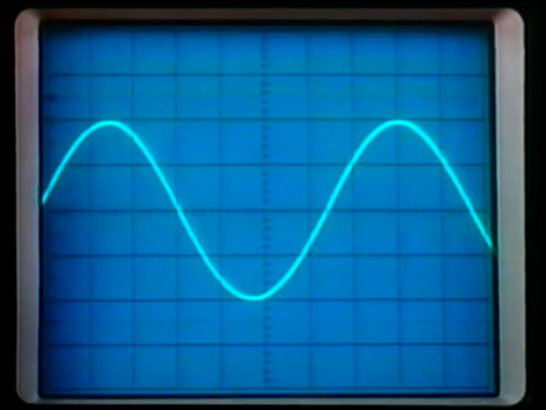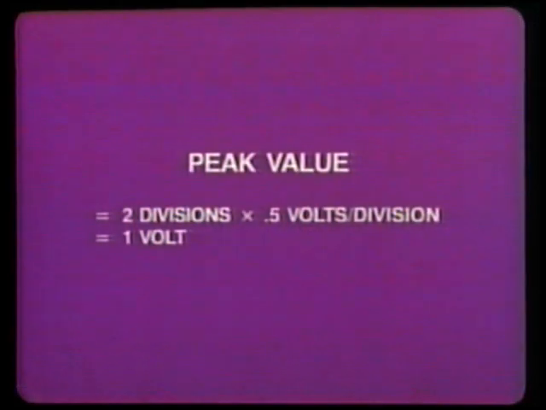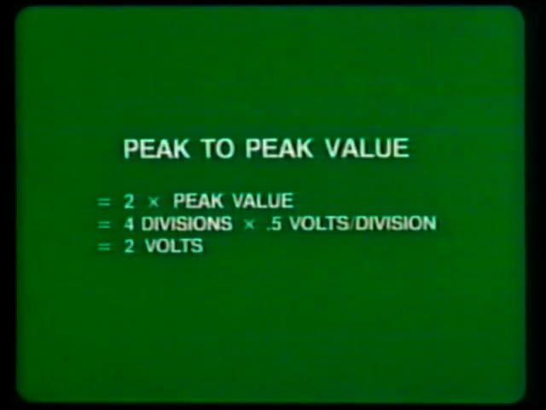Now, let's analyze this waveform. Since the settings on this oscilloscope are 0.5 volts per division vertically and 0.5 milliseconds per division horizontally, the peak value is 2 divisions times 0.5 volts per division, or 1 volt. The peak-to-peak value is 2 times the peak value, or 4 divisions times 0.5 volts per division, or 2 volts.